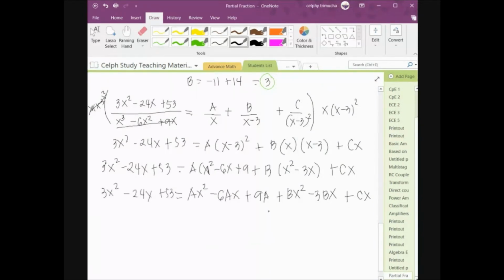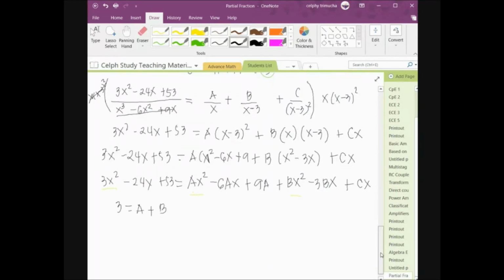Equate na lang ang parehas nga degree. So for x squared, we have 3 is equal to a plus b.